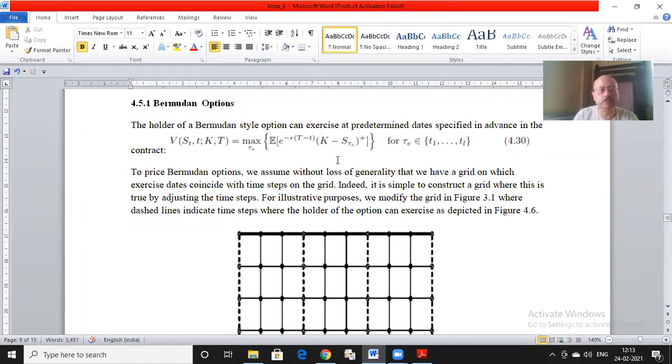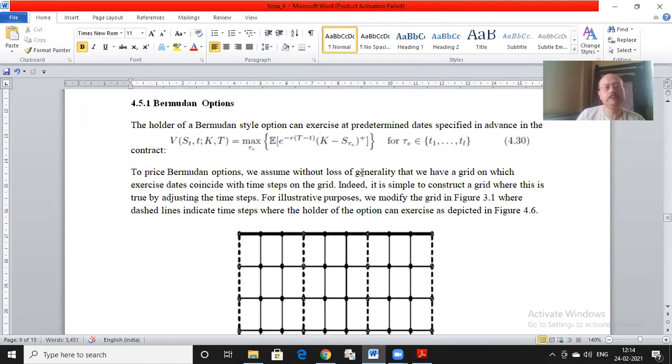So this example is a put option. The only difference is, in a usual European put option, you can only exercise at the end, but in a Bermudan option, you have the choice of exercising at all these points, where typically the last point would be the expiry date. So that is our option.